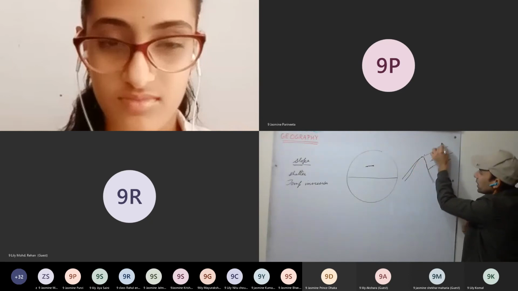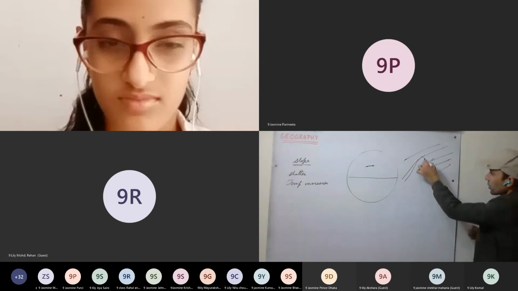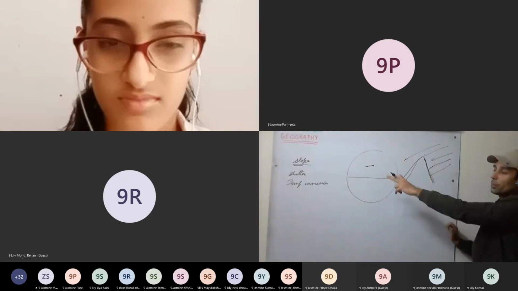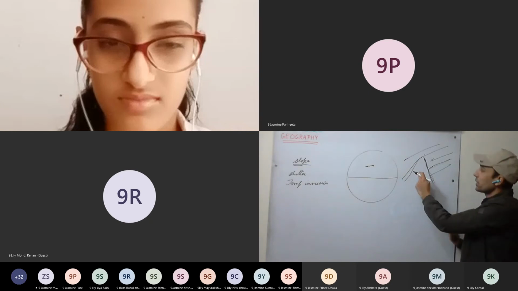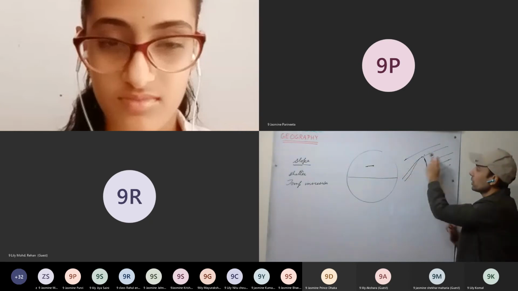Now, most of the heat, the sun rays, will be concentrated on the south slope. So the south slopes of the mountain are facing the sun, whereas the north slope is sheltered from the sun. No direct light is reaching the north slope.